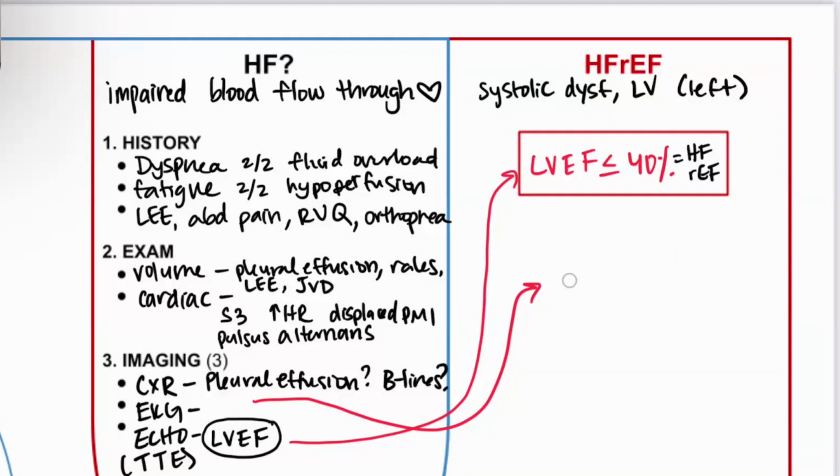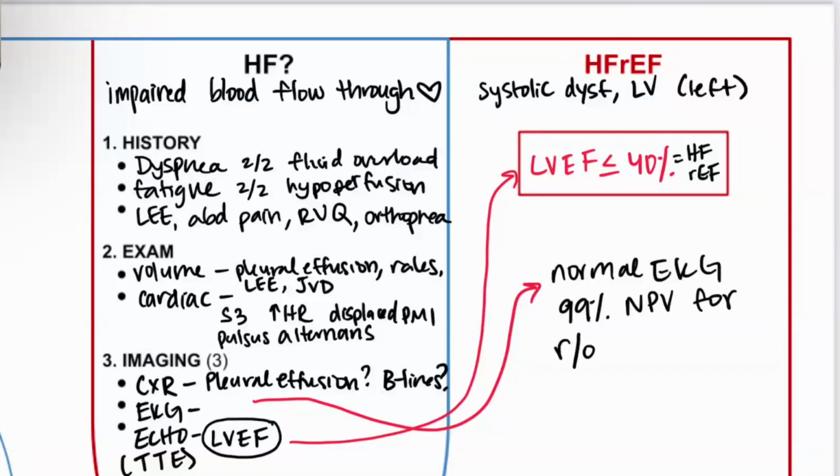In other words, a normal EKG has a 99% negative predictive value for ruling out heart failure with reduced ejection fraction. You'll typically expect there to be signs of left ventricular enlargement on this EKG.